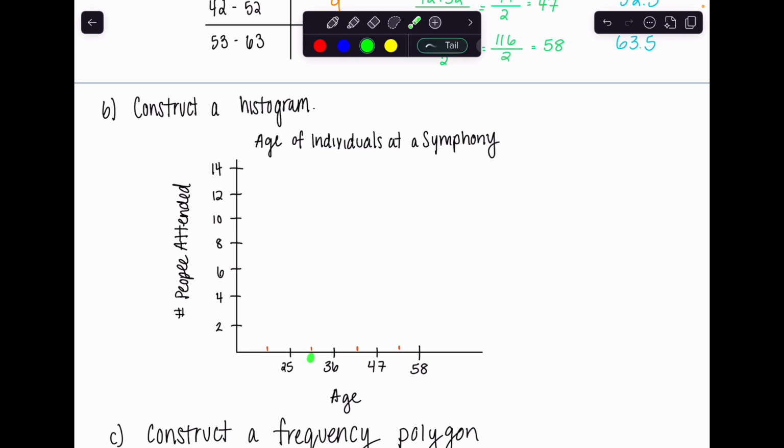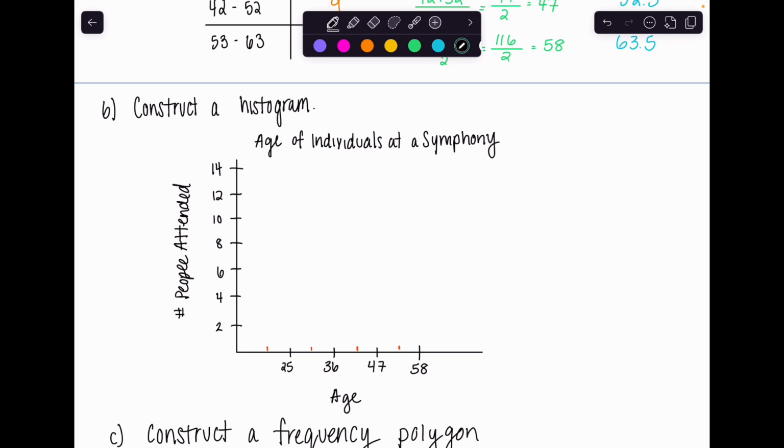So you might put that class boundary right here in the middle. But for this specific example, since I'm using that midpoint, I'm just going to draw bars connected to each other so we can see the clear separation.